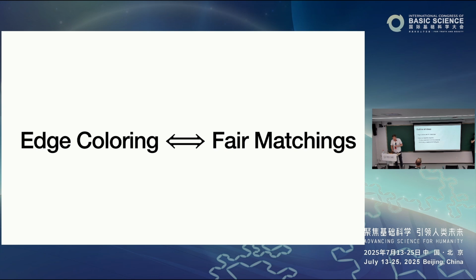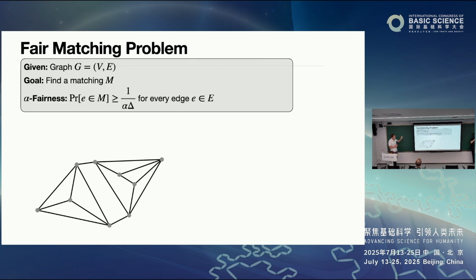All right, so what's the connection with matchings? I call it a fair matching problem. We are given a graph as before. Now our goal is to output a random matching M online, so that every edge is taken with probability at least 1 over alpha delta, for some alpha at least 1.